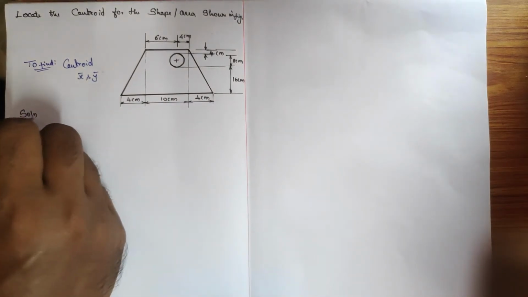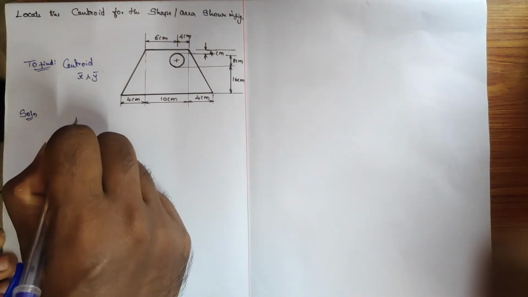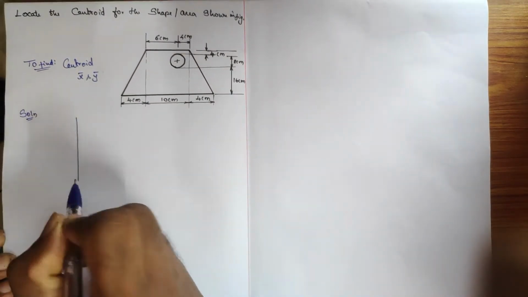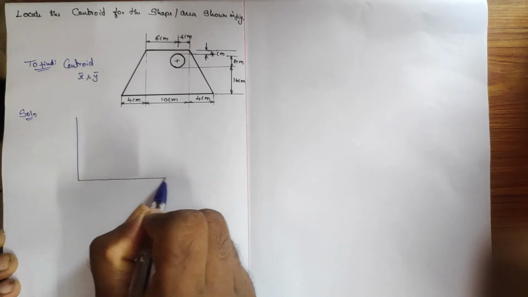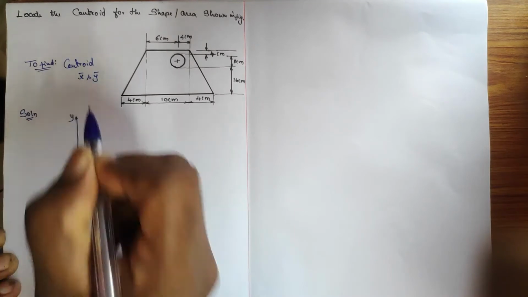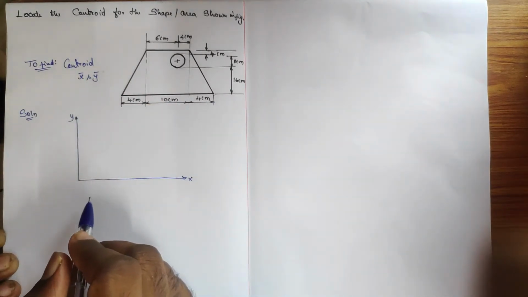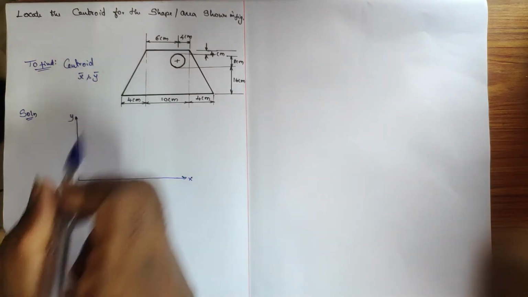Solution: the first step is just to bring it into the coordinate system. So I'm just going to draw a rough diagram. First I'm going to take x and y, and from the left extreme I'm going to have the coordinate arrangement.